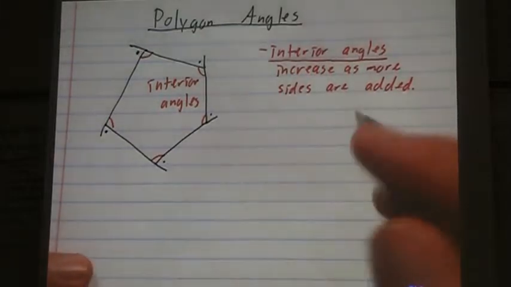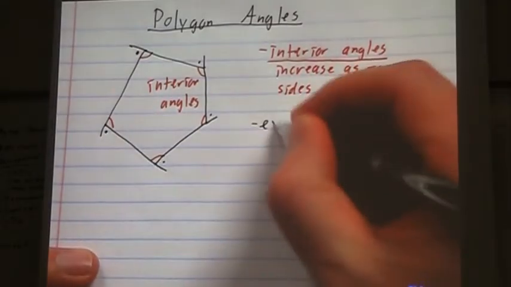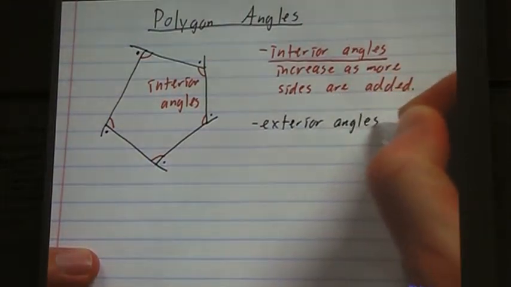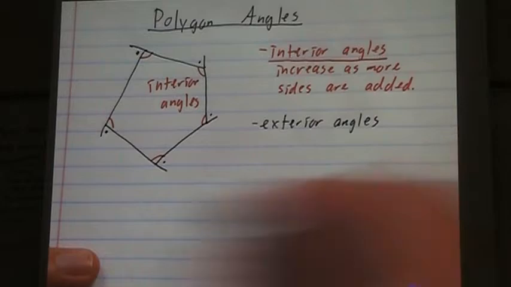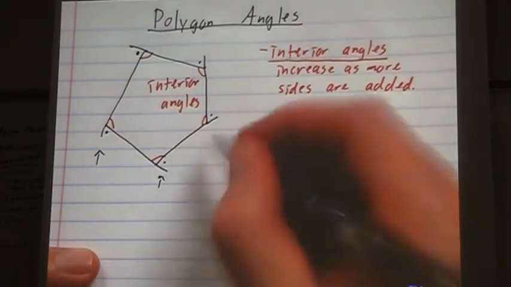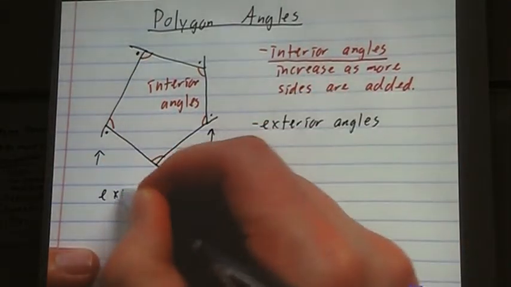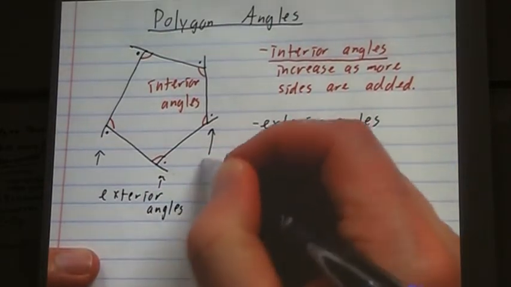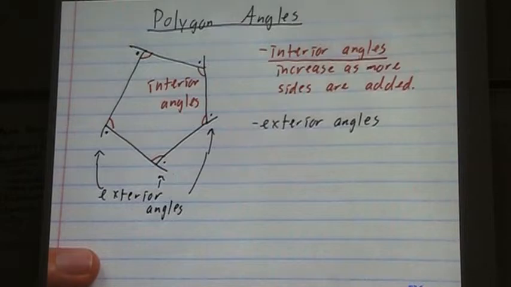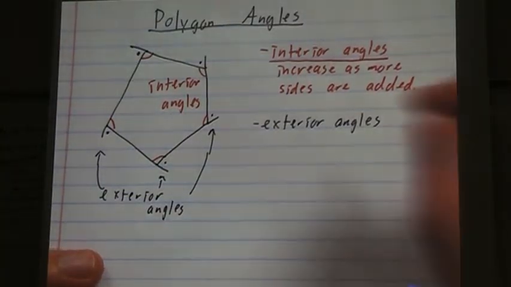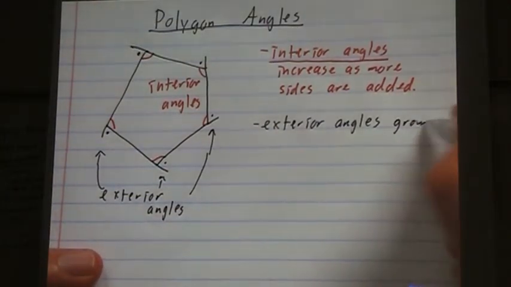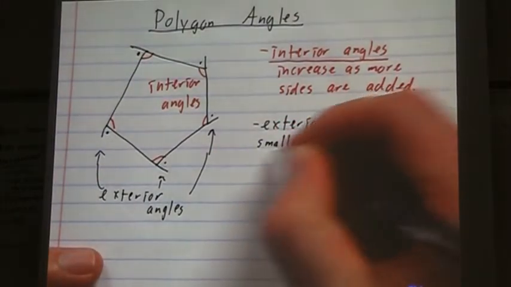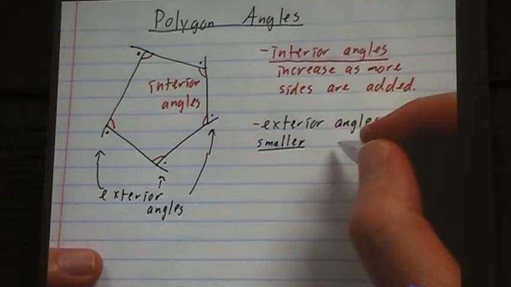So those are my exterior angles. And these guys grow smaller. Actually, I should label them for you. Exterior angles grow smaller as more sides are added.